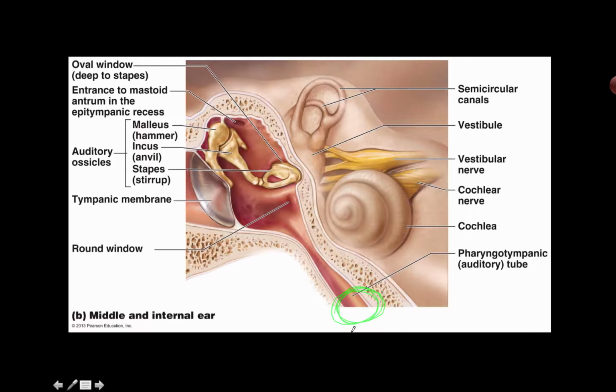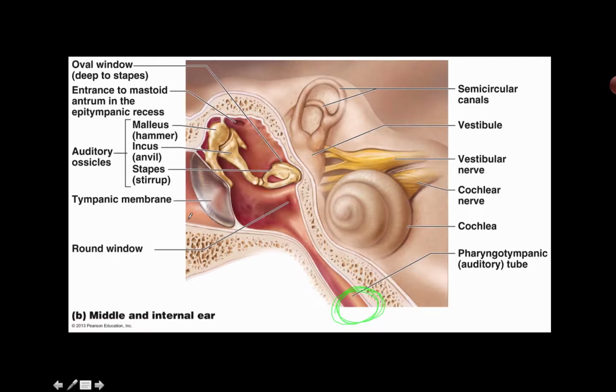So if I change my air pressure in the external environment, if I go down in altitude or up in altitude, then the air pressure externally out here is going to change. And that's going to cause a lot of tension on that membrane because it's not stabilized with the air pressure inside the middle ear. So the eustachian tube is primarily there to allow air pressure stabilization. When you yawn or you open your mouth real wide, that's going to open up that eustachian tube and allow air pressure to stabilize.